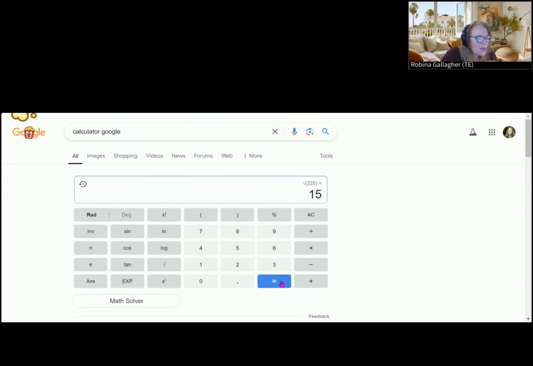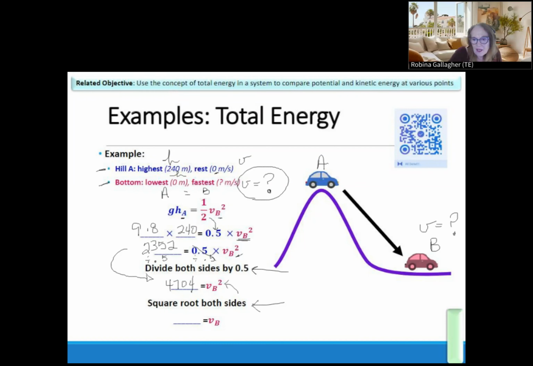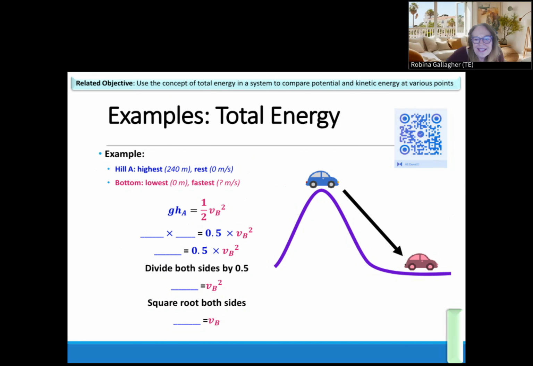So somebody tell me, what is the square root of 4,704? And yes, it is 68.58, and I just rounded it up to 68.6.